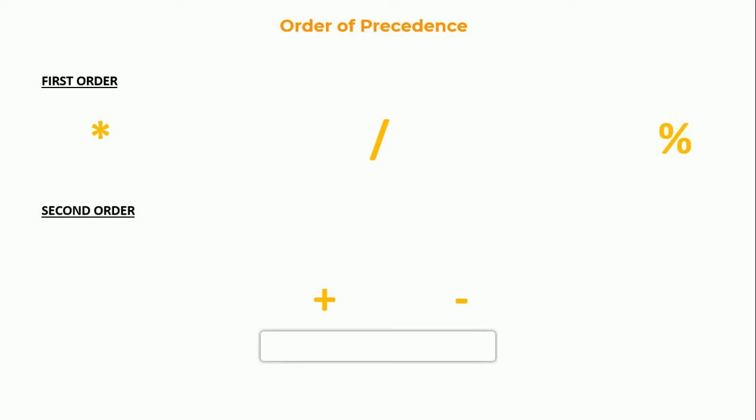The second order has to do with a time when all the products are gone, all the division is gone, and the modulus is also gone. So we'll be left with items with plus and minus between them. Now we are in the play field, and so we will see the illustration with a pictorial view.